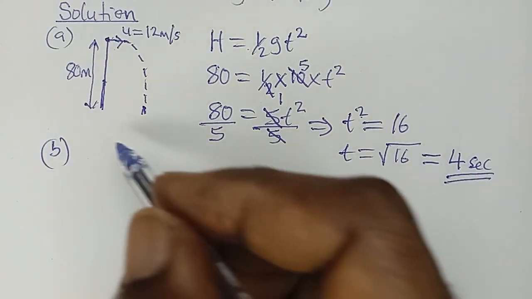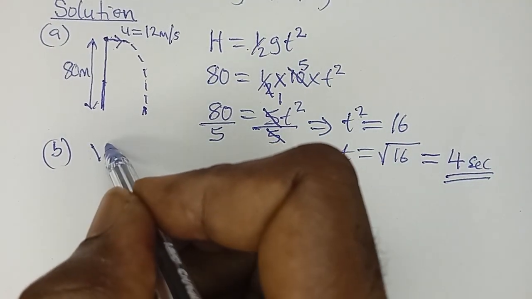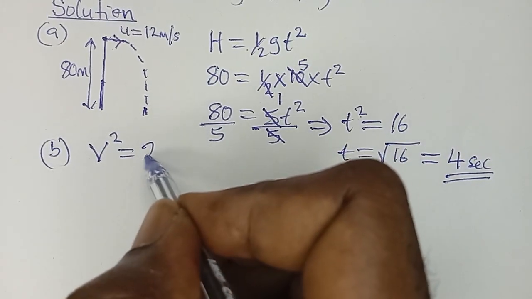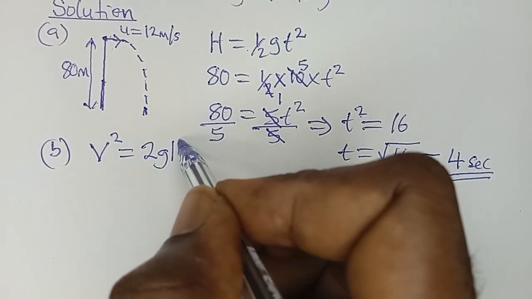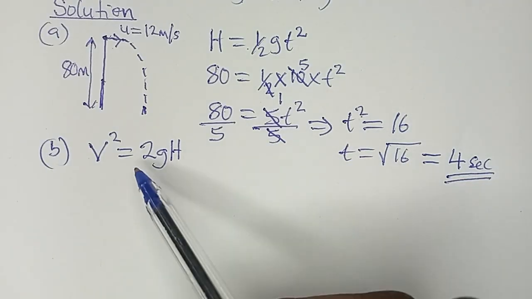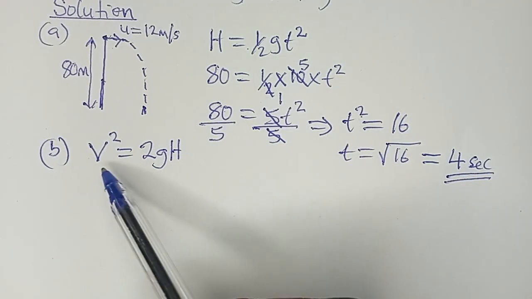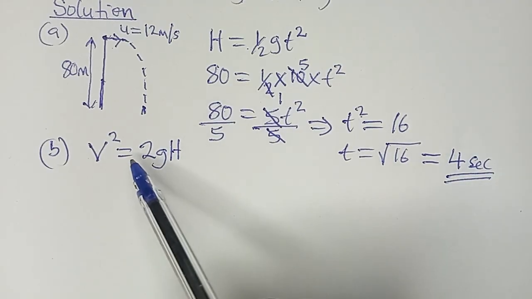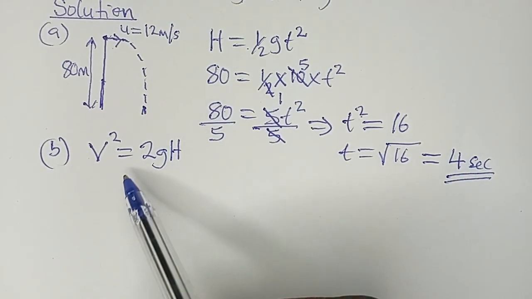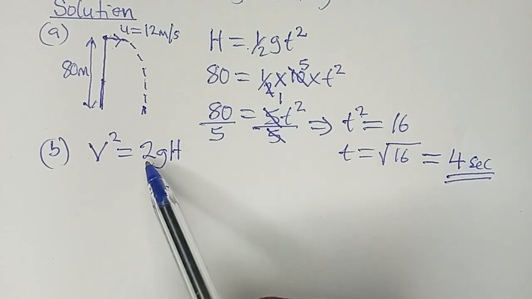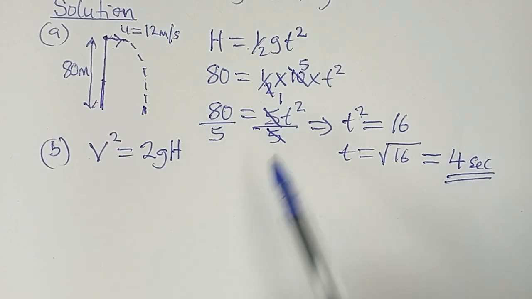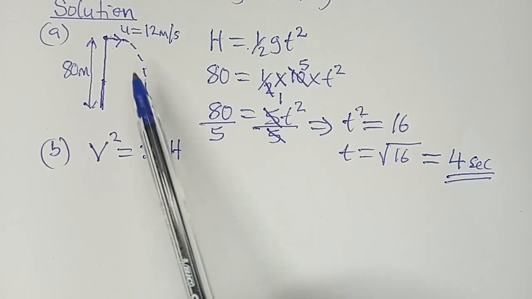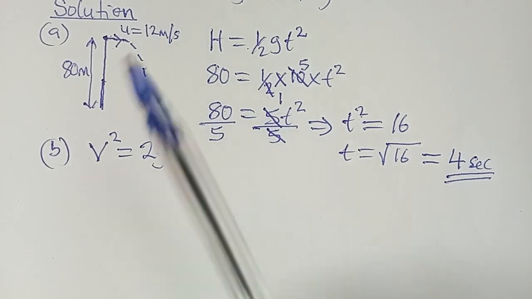The right formula to apply here, which is still the free fall formula, is v squared equals u squared plus 2gh. The u squared, the initial velocity, is 0, so we throw away that part and take only 2gh. Don't forget, this value of u does not affect the vertical motion, so we are not using it for now.